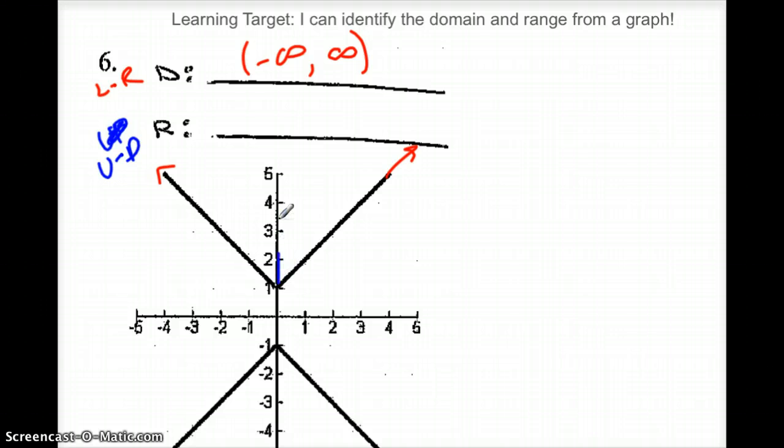You know, you've got this part and you've got this part, but then you've got this hole in the middle that you can't include. So, his range would be -infinity to -1, representing this bottom part, and we would join it with this upper part. 1 to positive infinity.